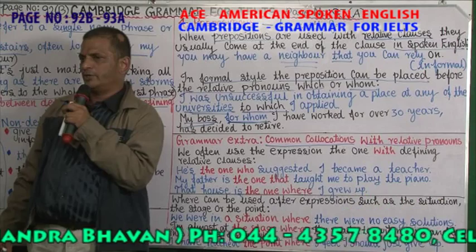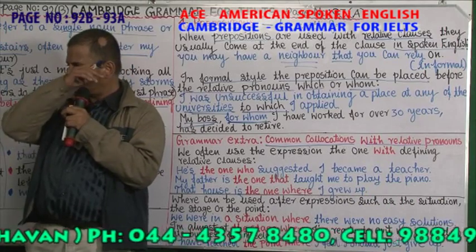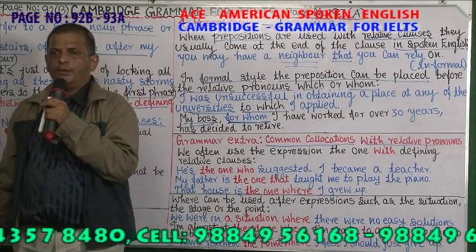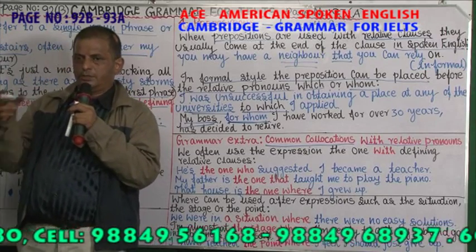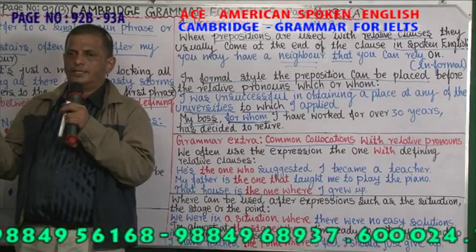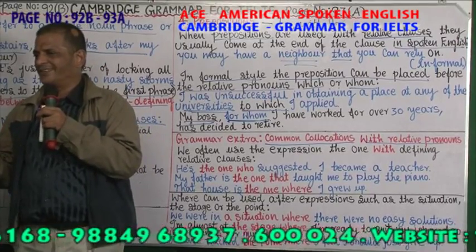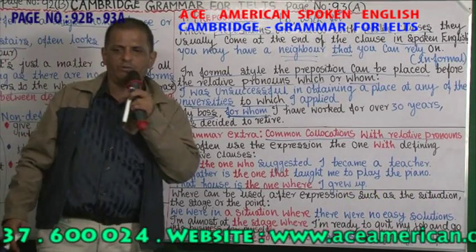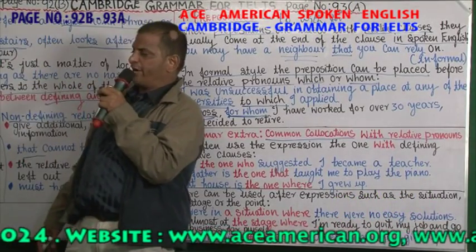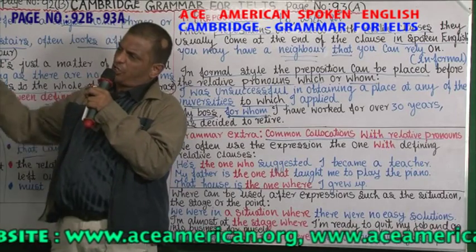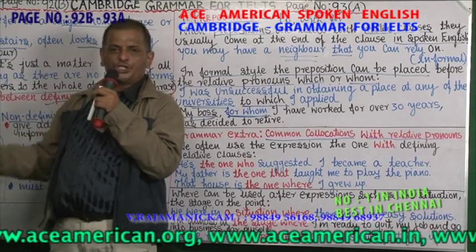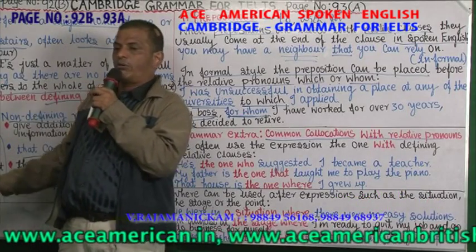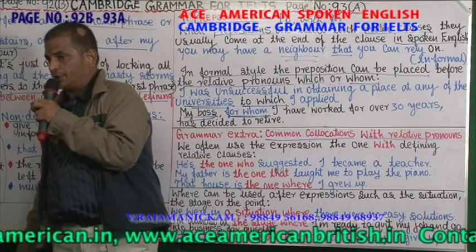For example, you say have breakfast, not eat breakfast. Breakfast joins with have. Had lunch is also a collocation. This word joins with this word. That is the rule, called collocation in English.